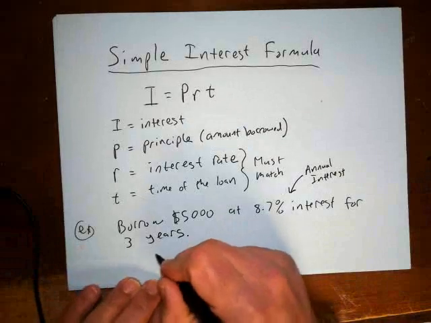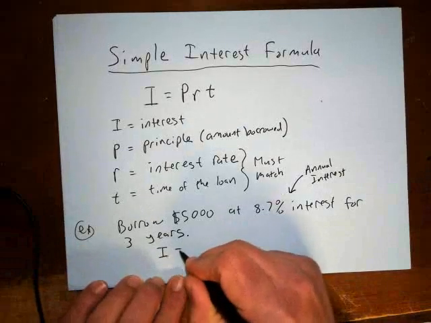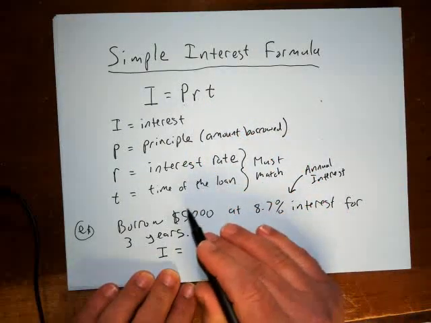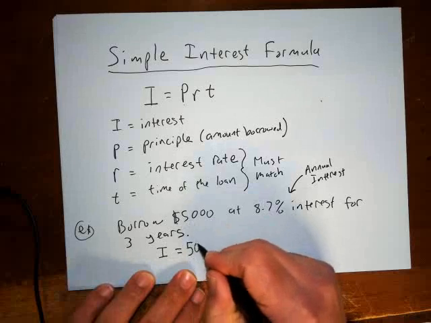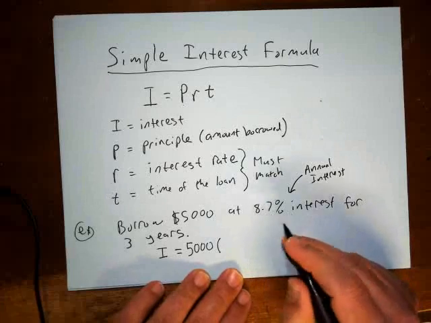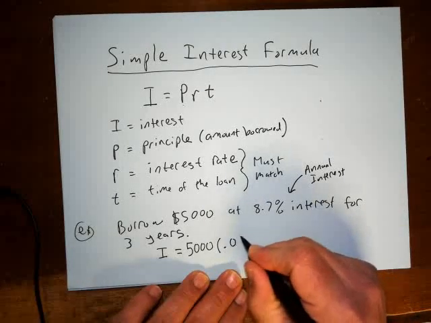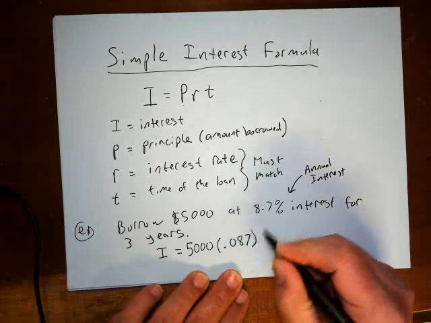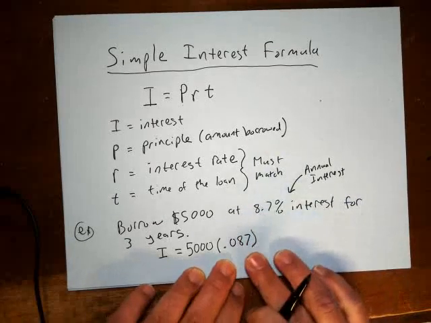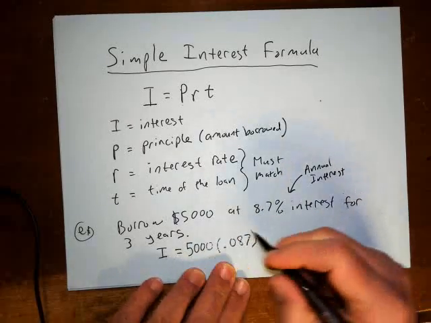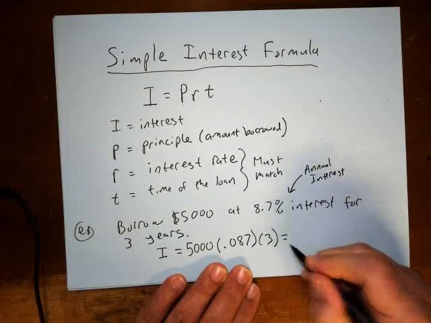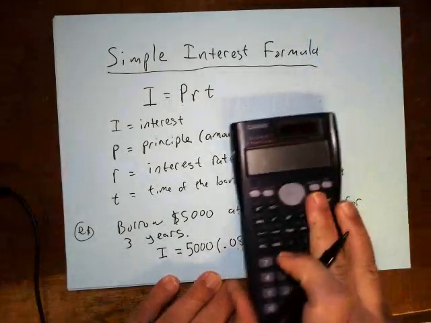So I can just multiply them together, just like 5 miles per hour for 3 hours. Okay, so the amount of interest that I owe is the principal times the rate times the time. So the principal is the $5,000 that I'm borrowing, times the rate. Now this rate I have to convert into a decimal. Okay, so that involves moving the decimal point over 2 places, percentage into a decimal. And then it's just for 3 years, so I can just multiply that by 3, and this will give me the amount of interest that I owe.